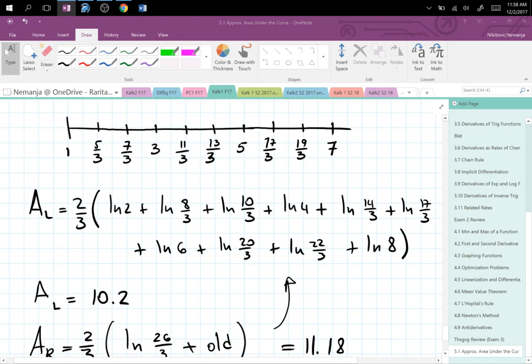Yeah, something is off, but if you redo the calculations, it will fall in.